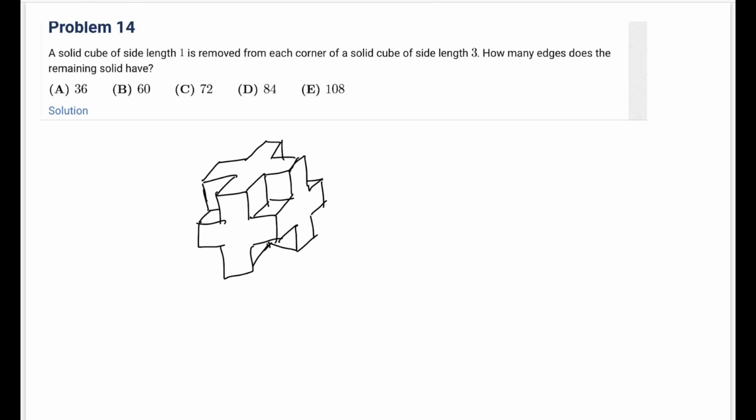So first we've got to check the corners. The corners will be these parts, and they have 1, 2, 3, 4, 5, 6, 7, 8, 9 edges. This is 9 times 8, since there are 8 corners. And then we have the edges.